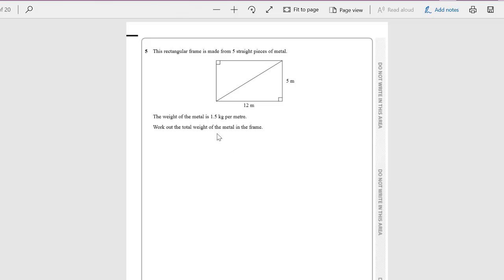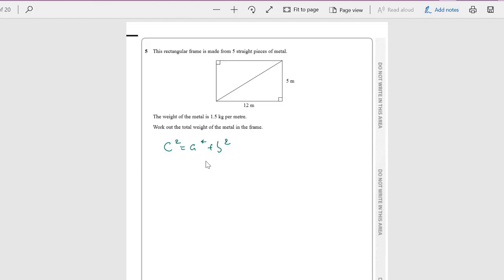Right, okay, so first thing that we do is we need to figure out the length here. So we can see that this is a right angle triangle, so we can rely on our good friend Pythagoras. So if you remember Pythagoras, c squared equals a squared plus b squared.